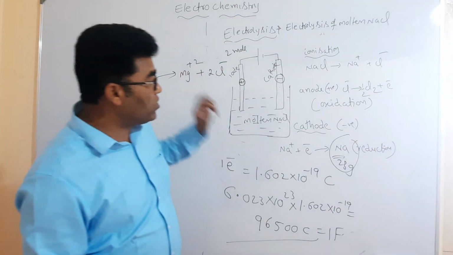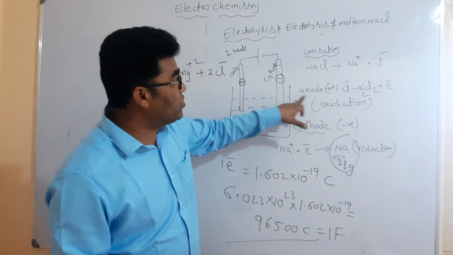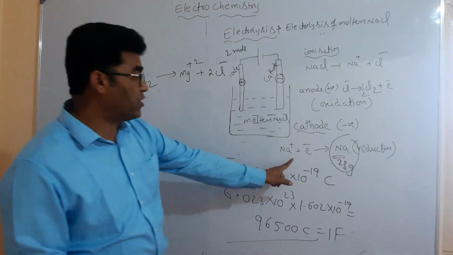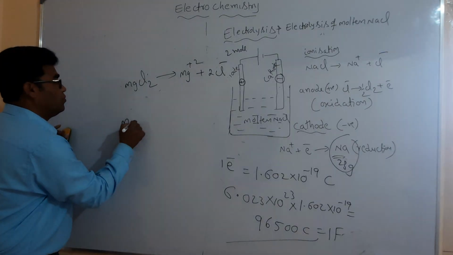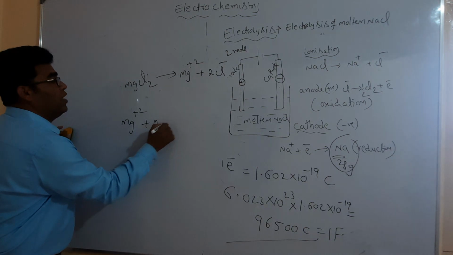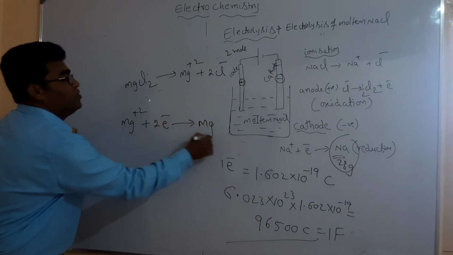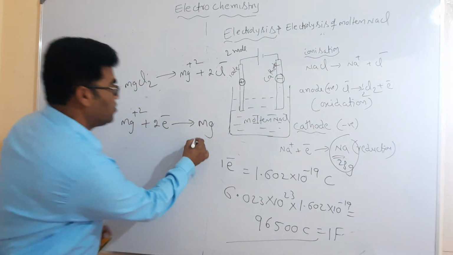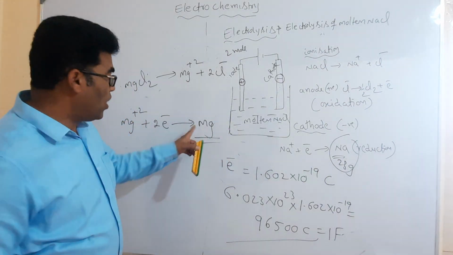Being positive, it migrates to negative, meaning the cathode. So Mg plus 2, plus 2 electrons gives rise to Mg. Now you observe here, 1 mole magnesium.